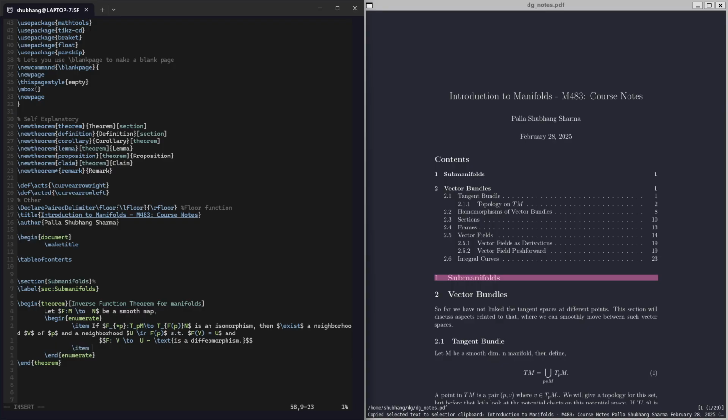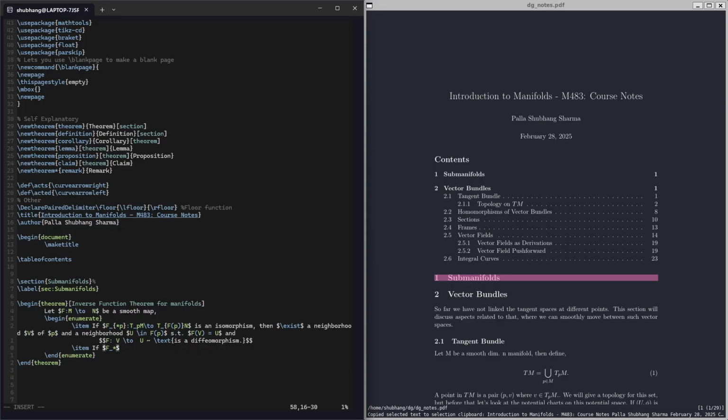So basically the proof involves the fact that f star is locally given by the Jacobian of f. If it's an isomorphism, then it's invertible, then the Jacobian is invertible. So locally, through the inverse function theorem, you will find a neighborhood. Note that f may not be a bijection, so it may not be true globally.